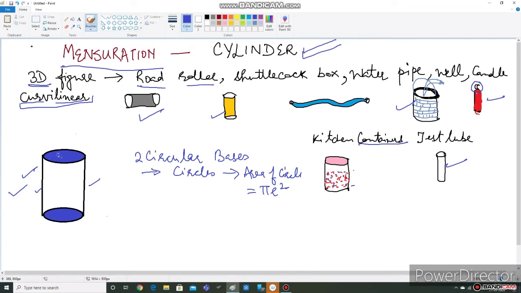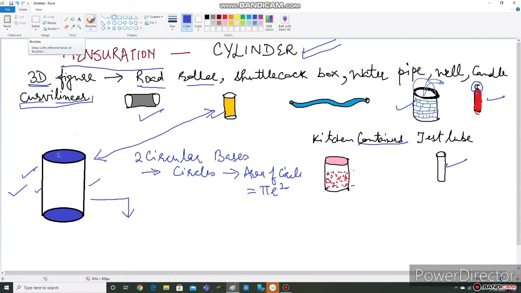So students, now let us try to break up this cylinder. If I break it up, I will try to correlate your shuttlecock box and the perfect cylinder. Just imagine in front of you that you are detaching all the parts of the shuttlecock box. If you detach all the parts, what will you get in front of you?